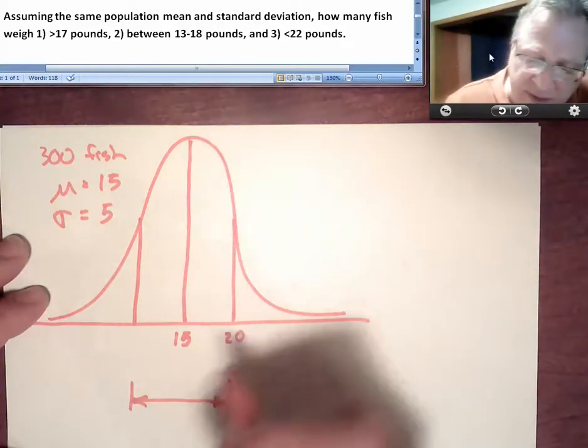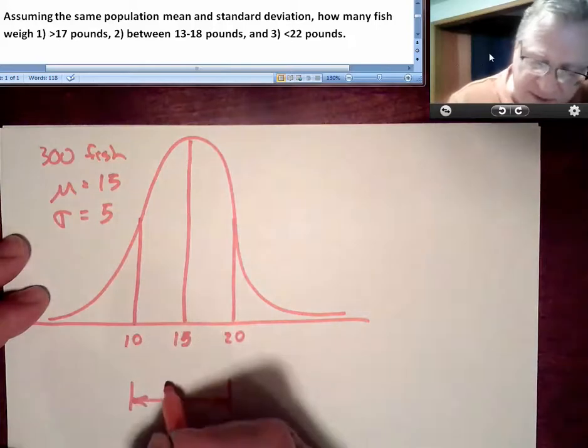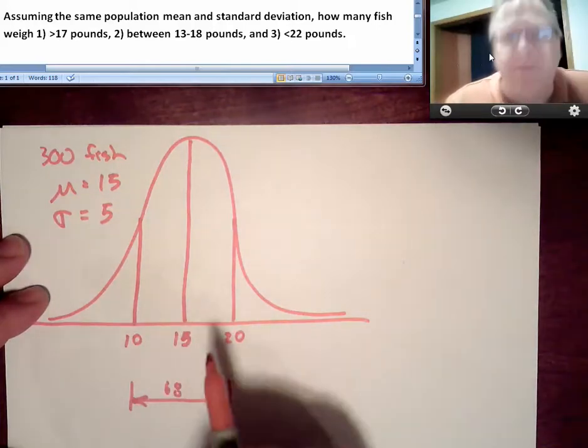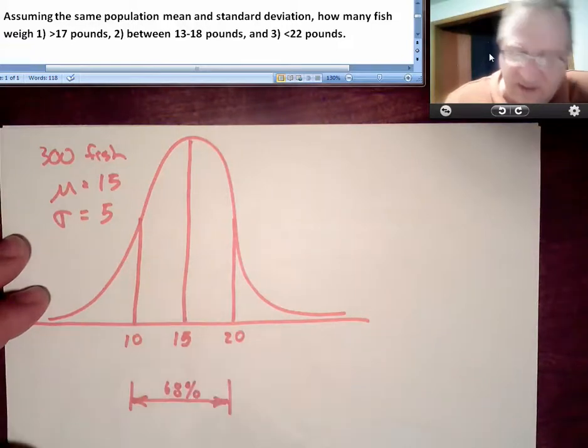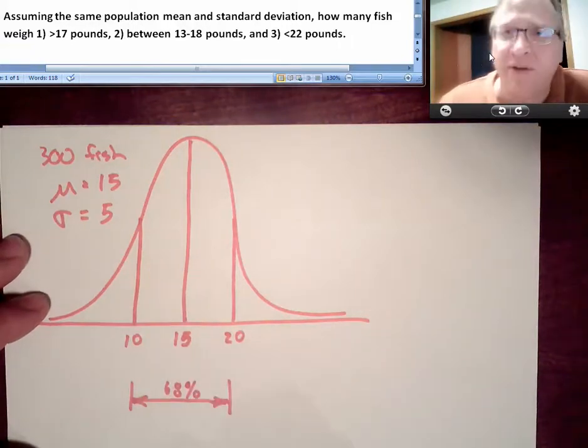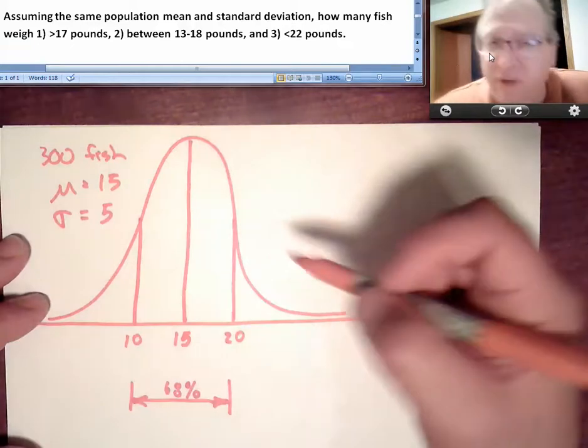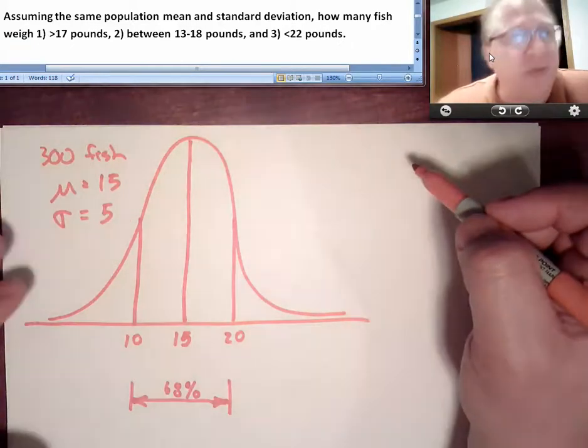So they would be at 20 pounds and 10 pounds. And we know that the area bound by those two lines and the curve represents 68% of the area under the curve. This made it real handy for solving our earlier problems.